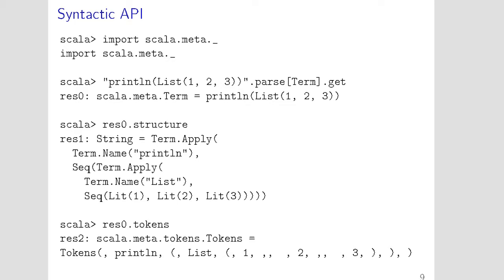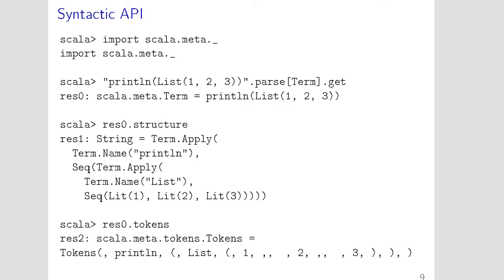Basically, our AST is just your grandfather's AST. It contains the information about all the features of Scala. You can see that the application of println is surprisingly represented by a node called apply. Then a name is a name, and so on and so forth.